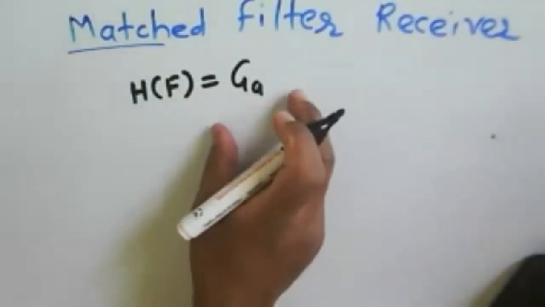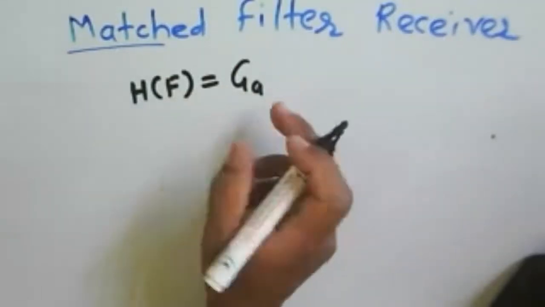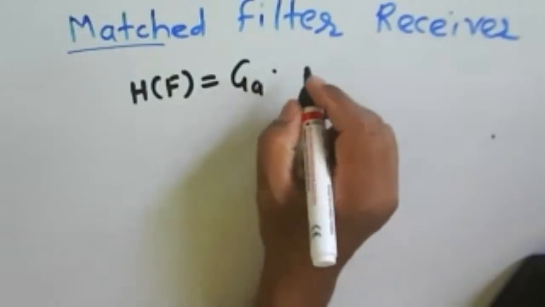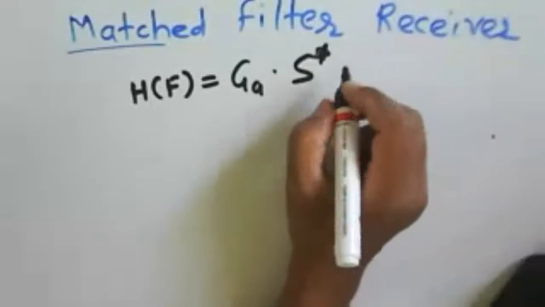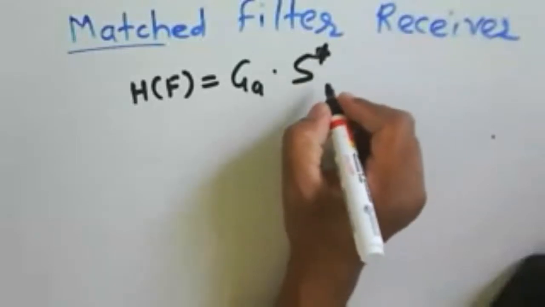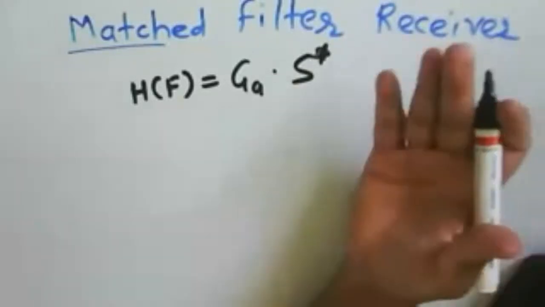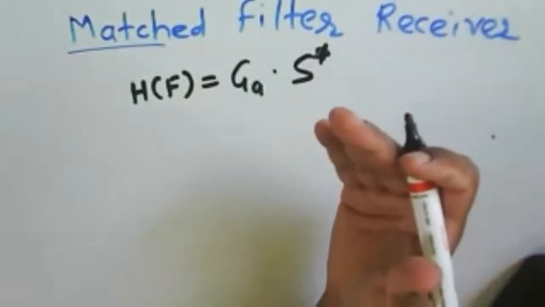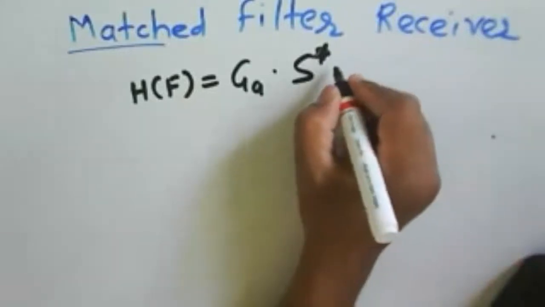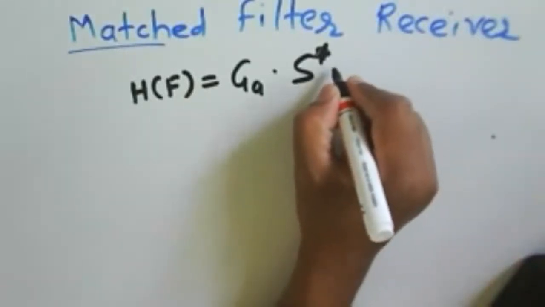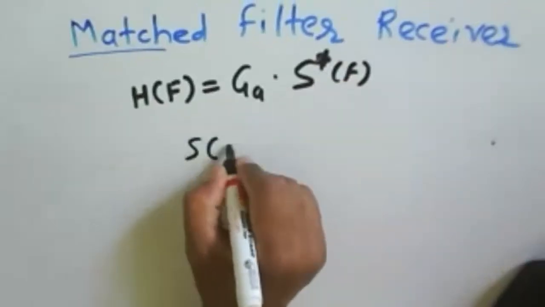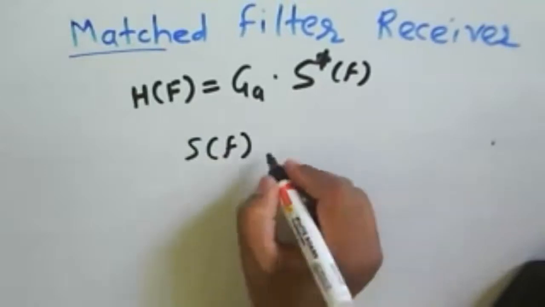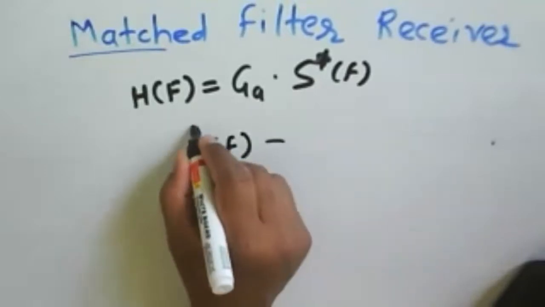G a is the gain of the filter, and this S star is nothing but the complex conjugate of whatever signal waveform we have in terms of frequency. This one is S of f, so S of f is the signal, and we take its complex conjugate.